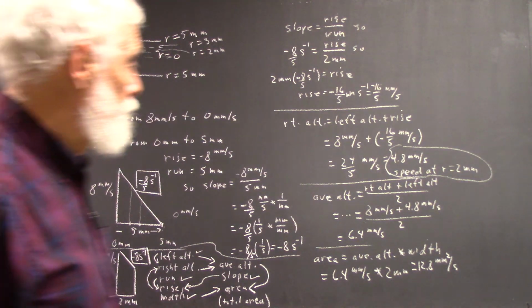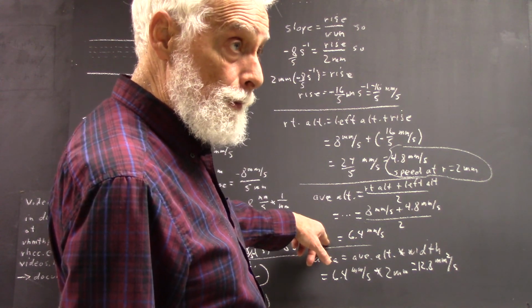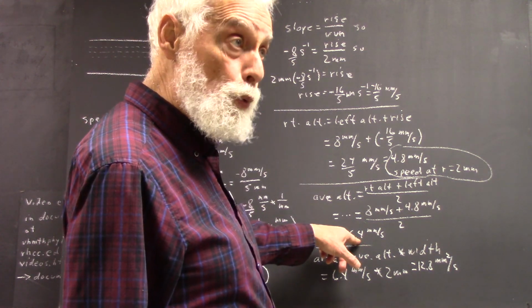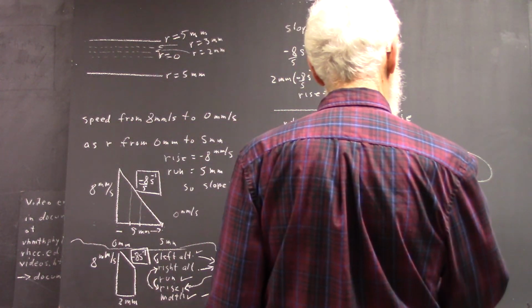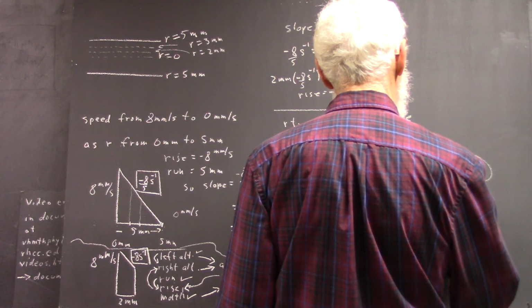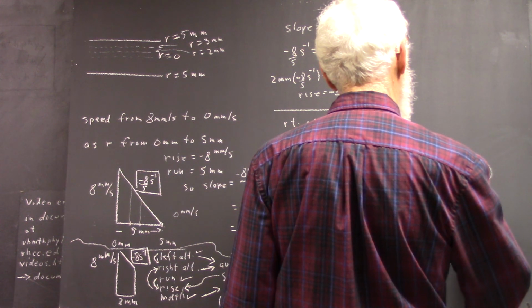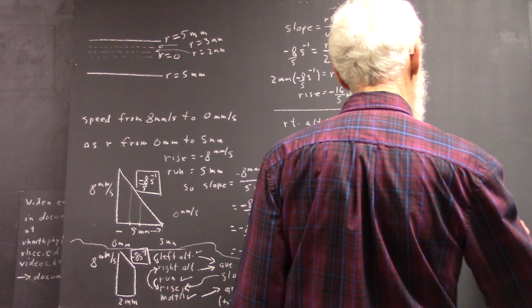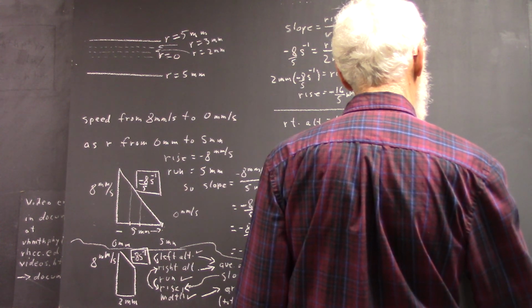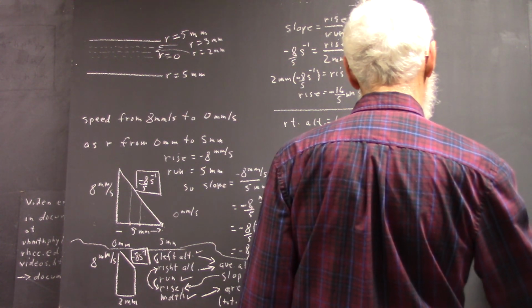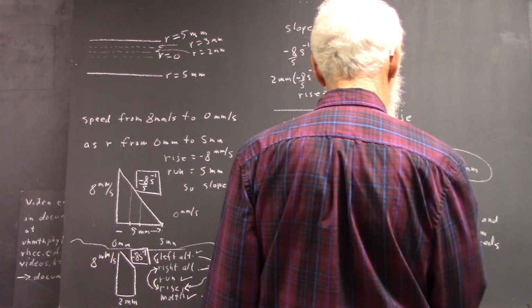Now, the average altitude does have a significant interpretation. That's kind of the average speed between the two, right? So this is the average of the r equals 0 and r equals 2 millimeter speeds. Okay?